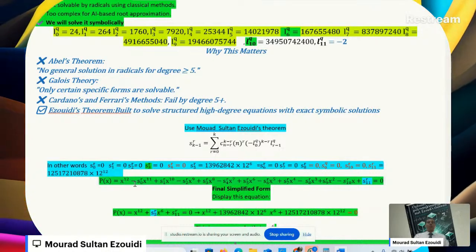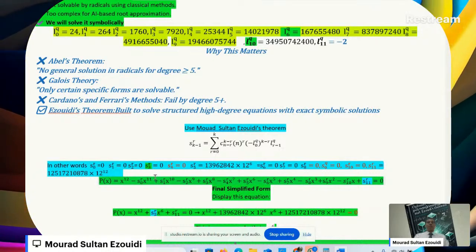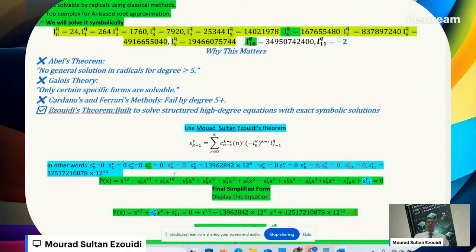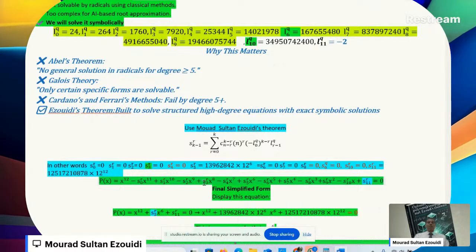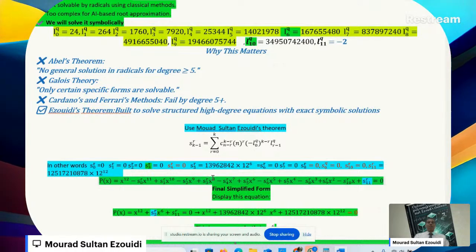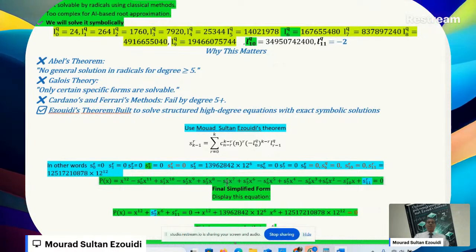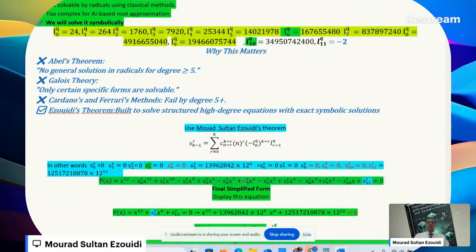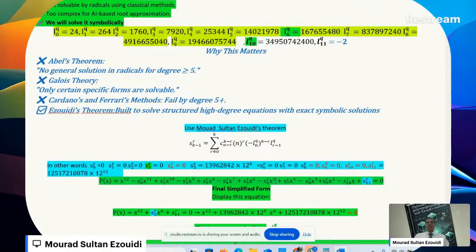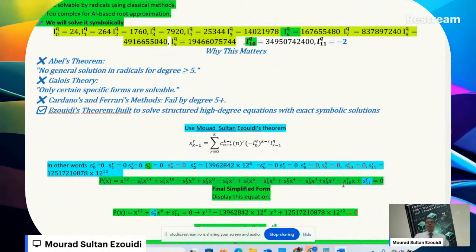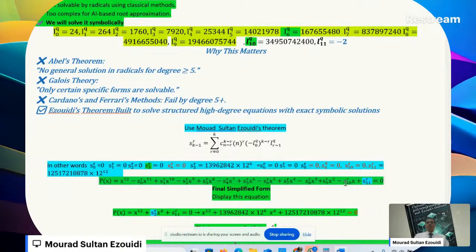P of x equals x raised to the power 12 minus 0x raised to the power 11 plus S1 x raised to the power 10 plus S2 x raised to the power 9 plus S3 x raised to the power 8 minus S4 x raised to the power 7 plus S5 x raised to the power 6 minus S6 x raised to the power 5 plus S11 equals 0.